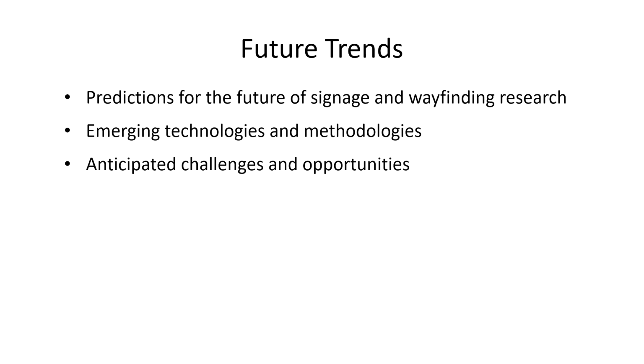In the future trends, we can make predictions for the future of signage and wayfinding, where we are using augmented reality and various AI tools, engaging technologies and methodologies from new technologies, and we can anticipate the challenges and opportunities with these new tools.